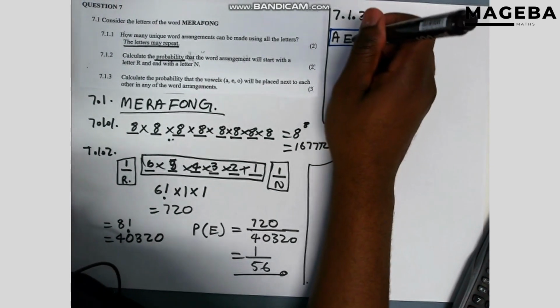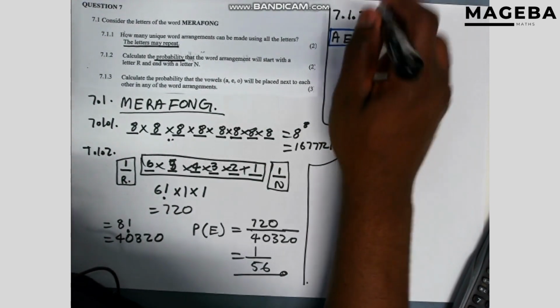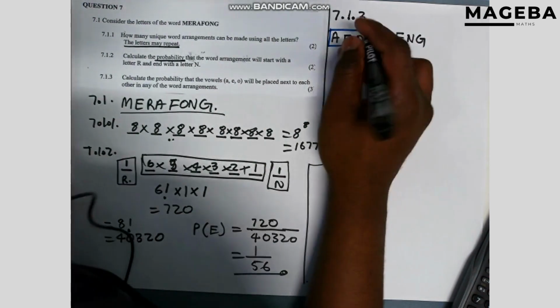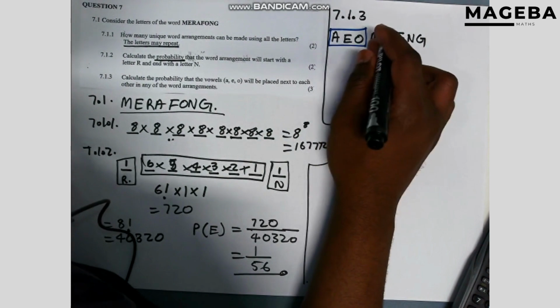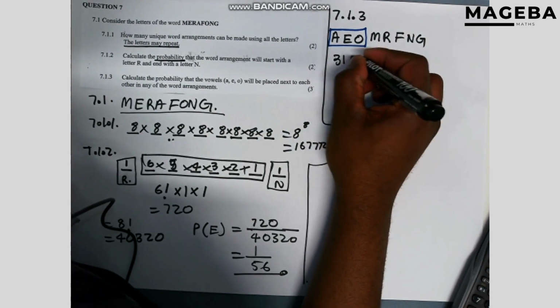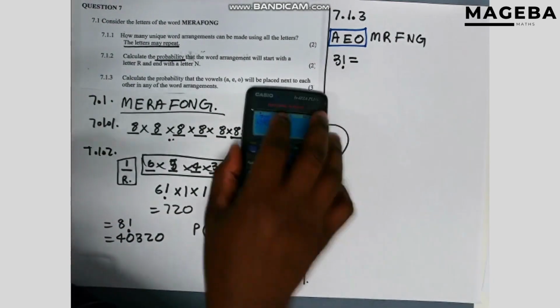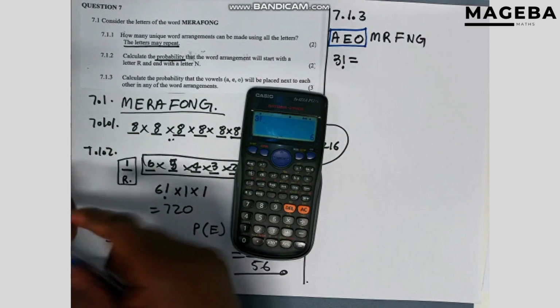Inside of this box, there's going to be an arrangement of these vowels. We need to find the arrangement of these vowels, which are 3, so it's 3 factorial, which is 6.